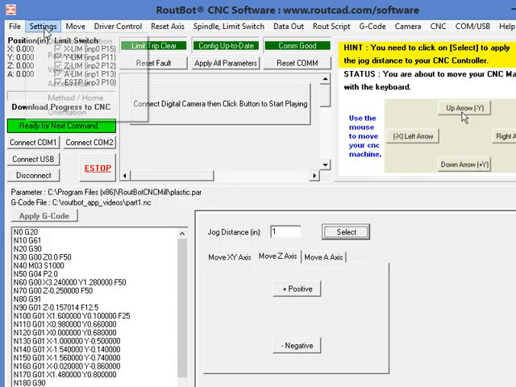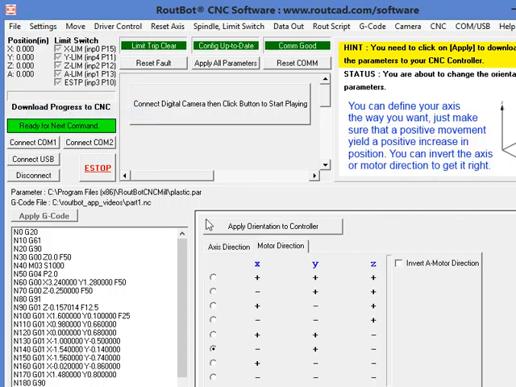Then you go back to the orientation. If the x went in the right direction, this is okay. If the y went in the right direction, this is also okay. But if, for example, the z-axis, which normally goes up when you move positive, instead went down, that means the z-axis is going the wrong way.